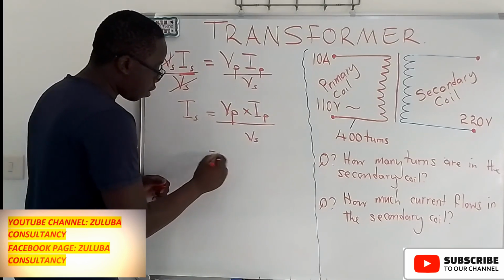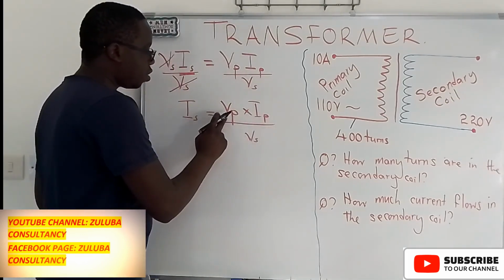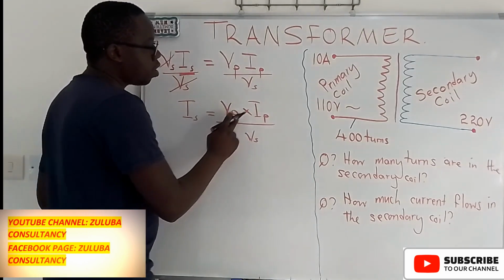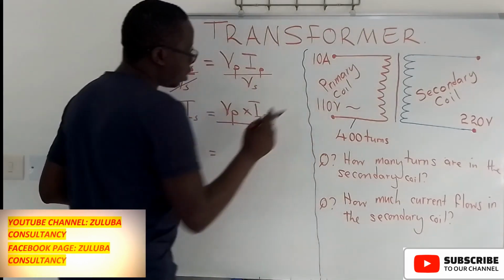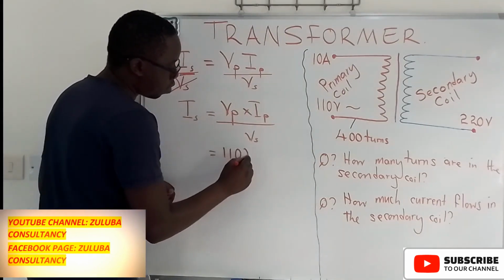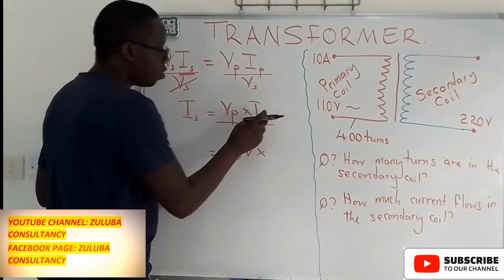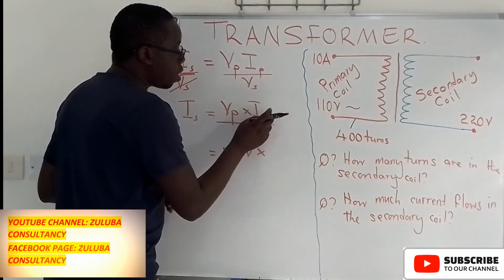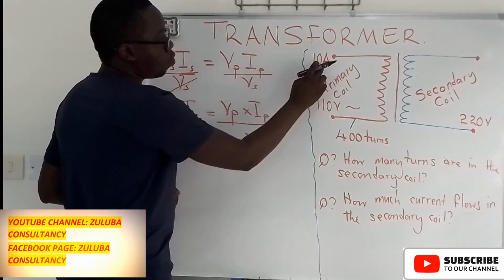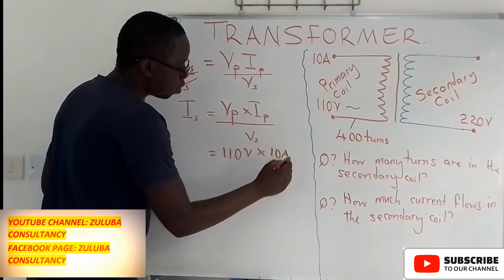Let's put the values in this question. What is the voltage in the primary? The voltage in the primary is 110 volts, multiplied by the current in the primary. We have been given it is 10 amps.